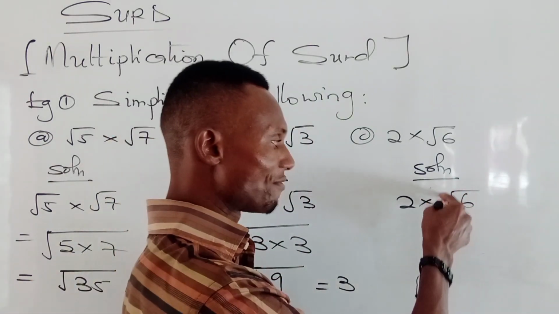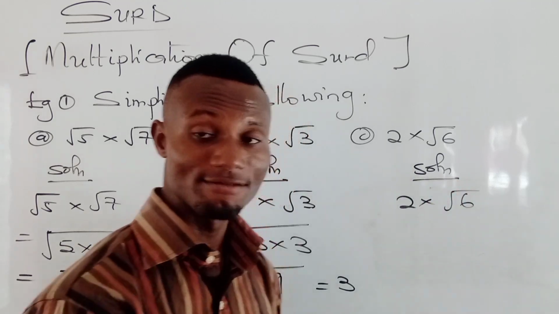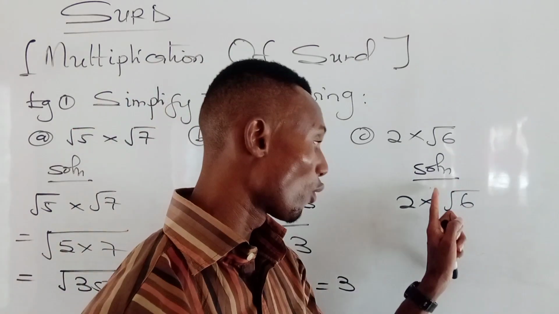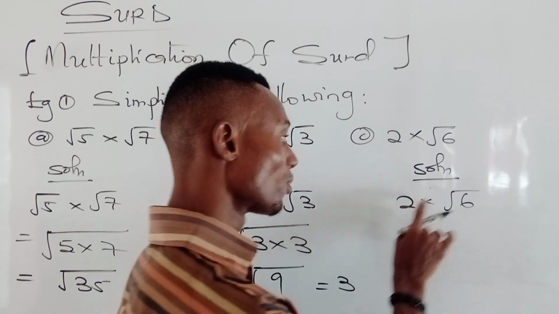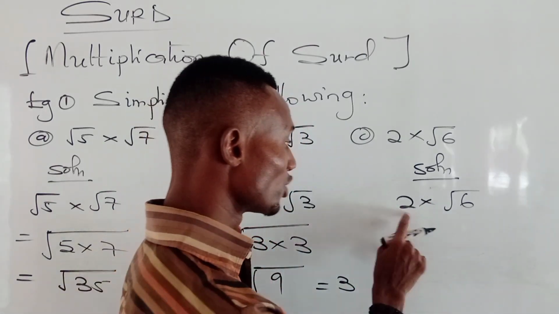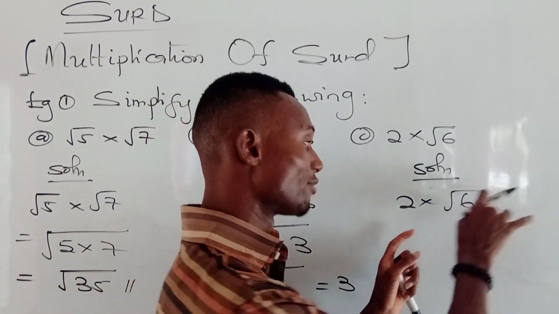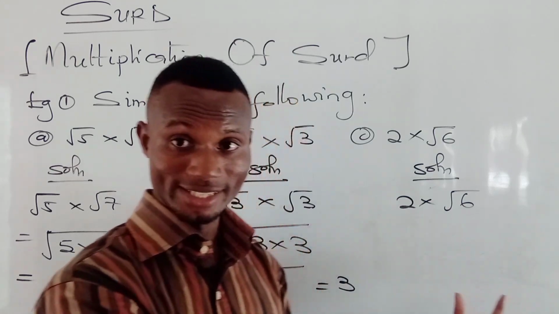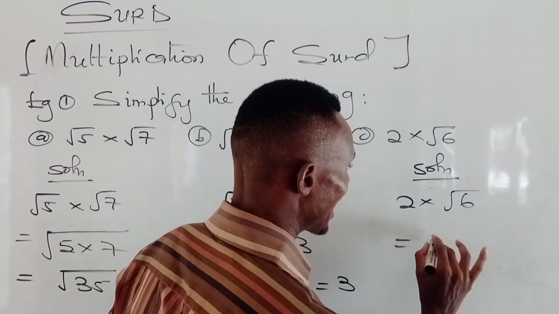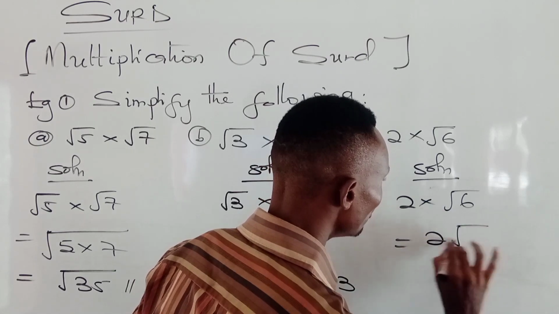The coefficient of this root 6 is 1. If there's no specified number there, the coefficient is 1. So these two multiply the coefficient. It's going to be 2 times 1, which is 2, and 2 times root 6 gives 2 root 6. So our answer is going to be 2 root 6.